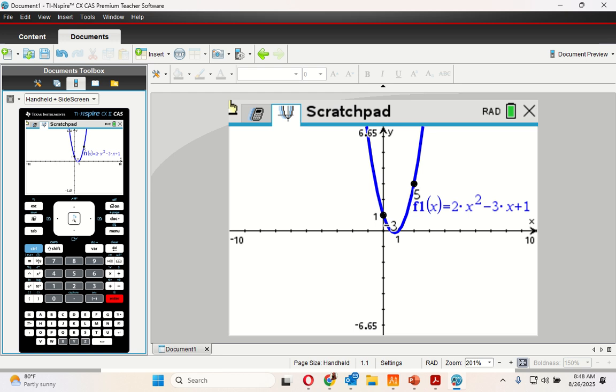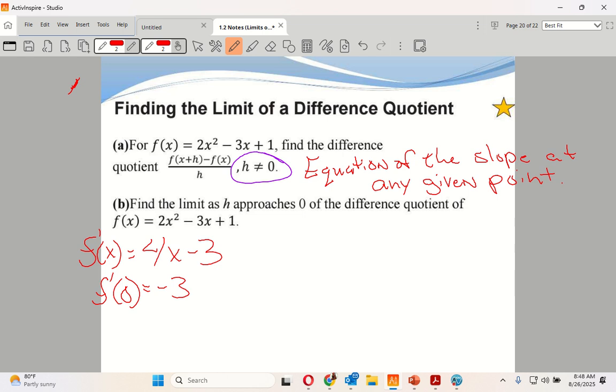So to do 5, watch. Let's go back to our equation to show what 2 is. If I do f prime of 2, 2 times 4 is 8 minus 3.